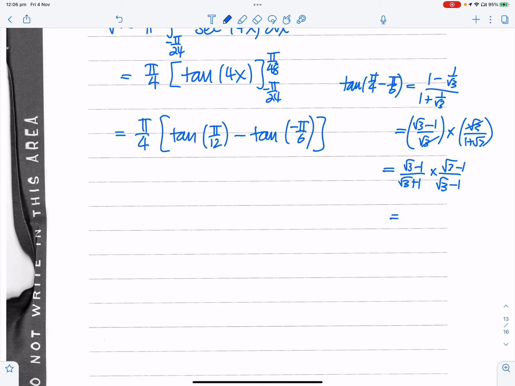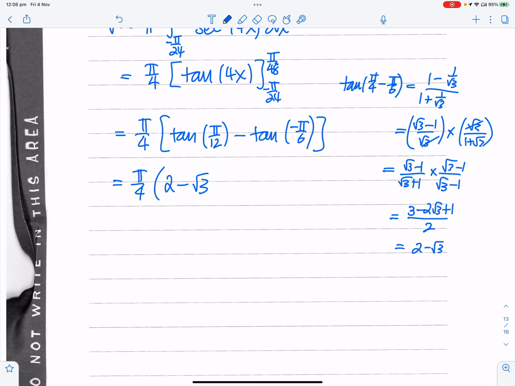On the numerator, we get 3 minus 2 root 3 plus 1 over 2. So we get 2 minus root 3. So we get pi on 4 times 2 minus root 3.